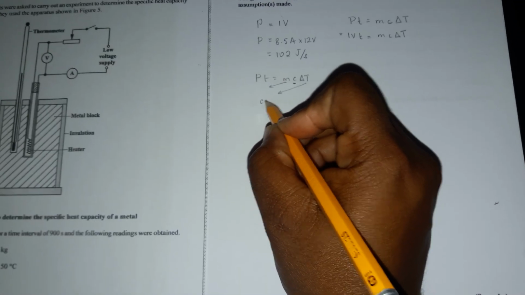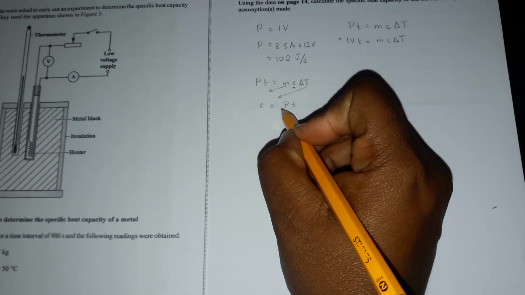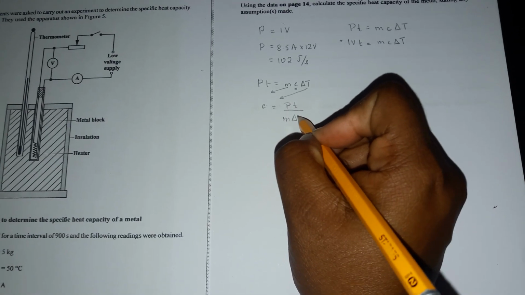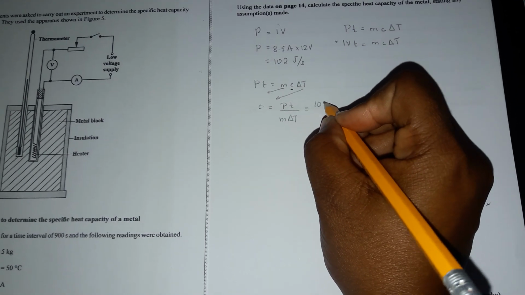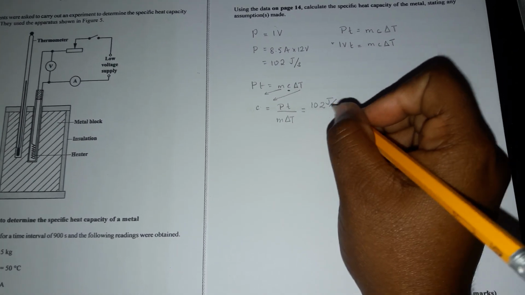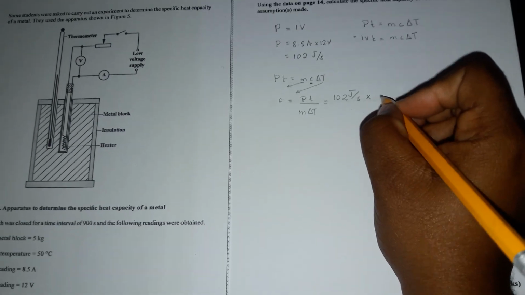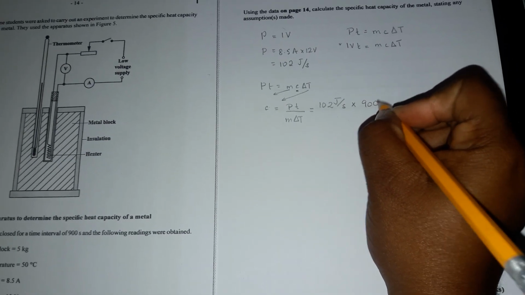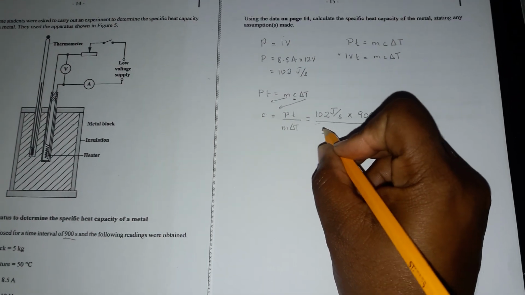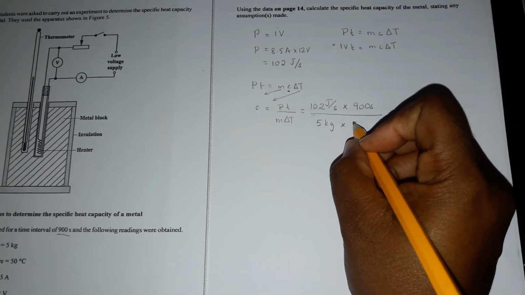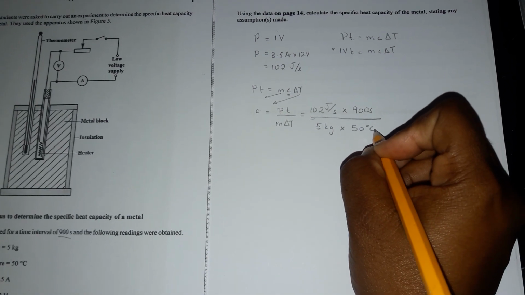And so specific heat capacity is equal to PT over M delta T, which is equal to, we found out what P was, so you can say 102 joules per second times, we have the time, which is 900 seconds, it's given right here, and then we put it all over the information that was given, 5 kilograms times 50 degrees Celsius.